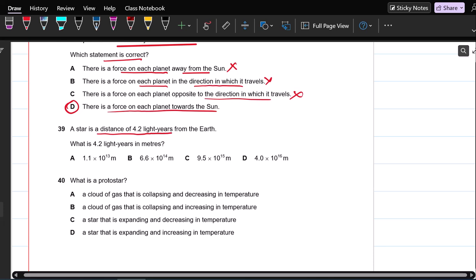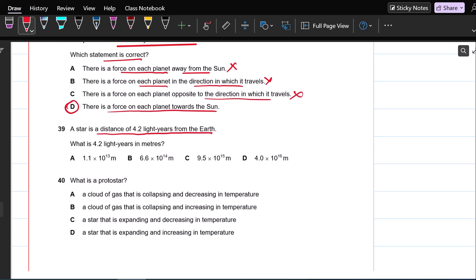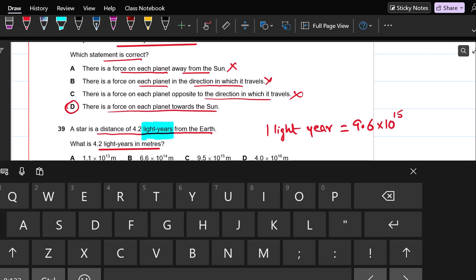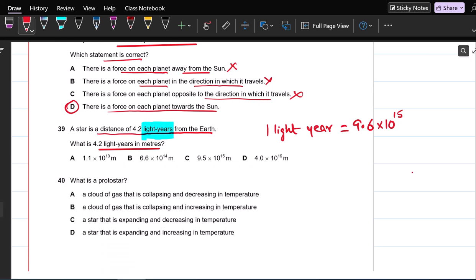A star is a distance of 4.2 light years from the Earth. Light year is a unit of distance. 4.2 light year in meter. You have to remember 1 light year is equal to 9.6 times 10 power 15 meters, if I'm not wrong. In kilometer it is different.